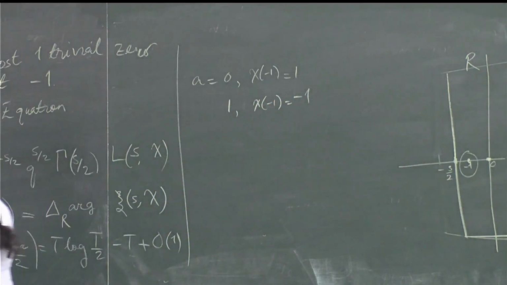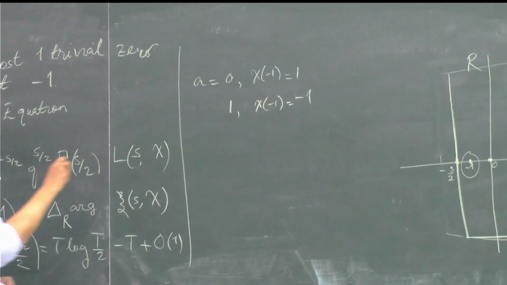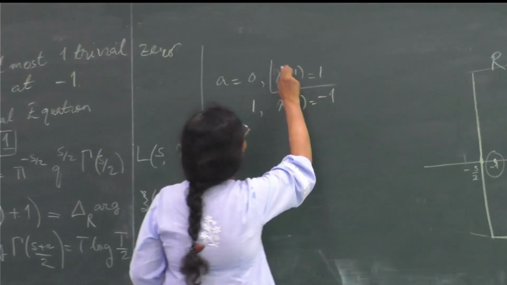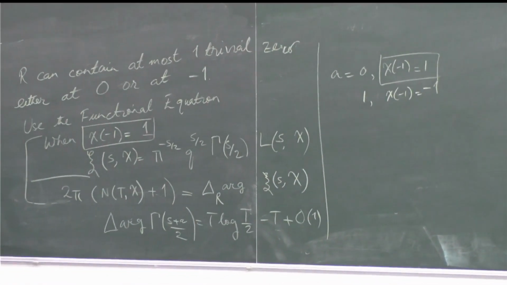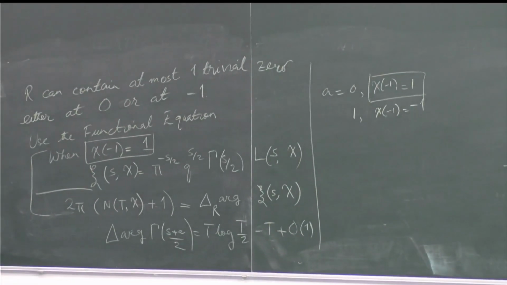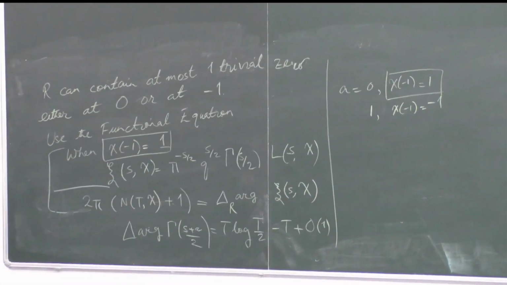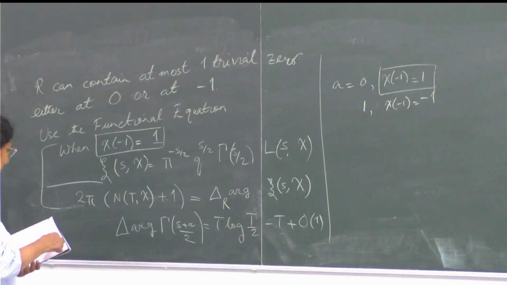So that's the case. Here I have chi of minus 1 equal to 1, and therefore I have used this, so this a here is equal to 0. So the argument of s by 2 I get from here, this is T log 2 plus this half.